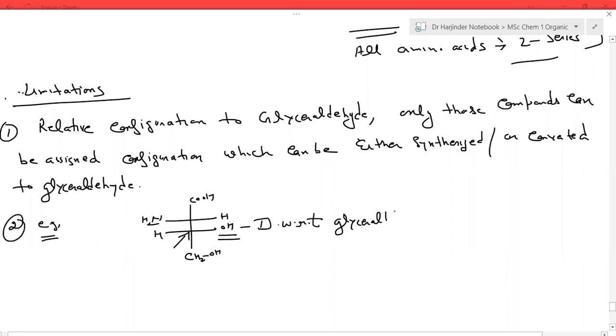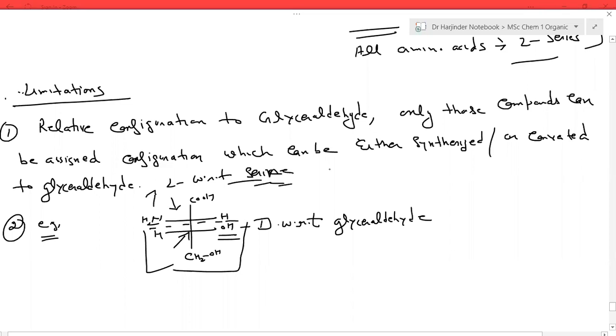At the bottom carbon, it is D because this hydroxyl group is present on the right side, so it is D with respect to glyceraldehyde. But if you look from the upper side, it is L with respect to serine. So you can write both configurations. So it is slightly confusing.